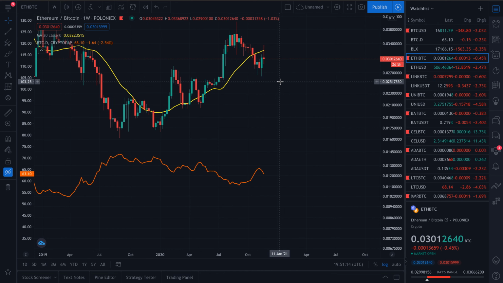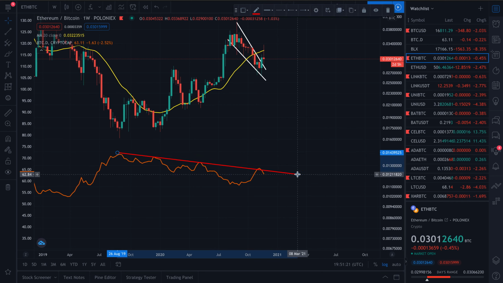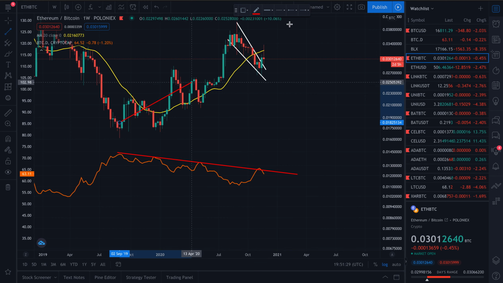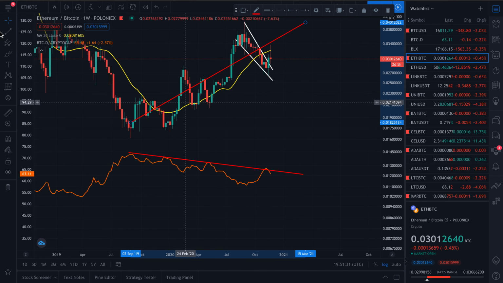Okay, I'll draw this line again. Since the first touch of this supposed resistance, Ethereum has been macro up, trending upwards, and Bitcoin dominance has been trending down.